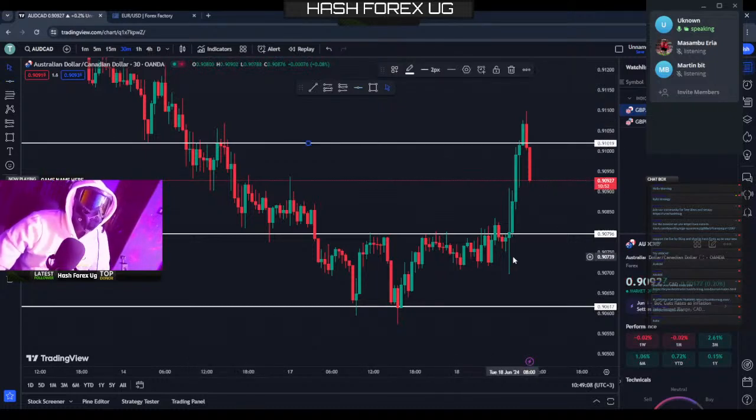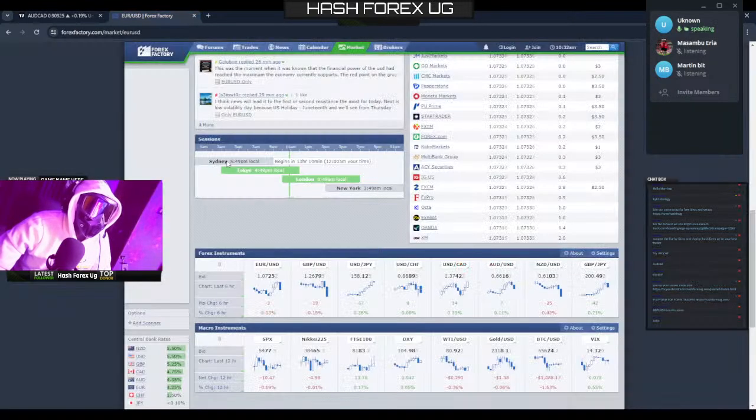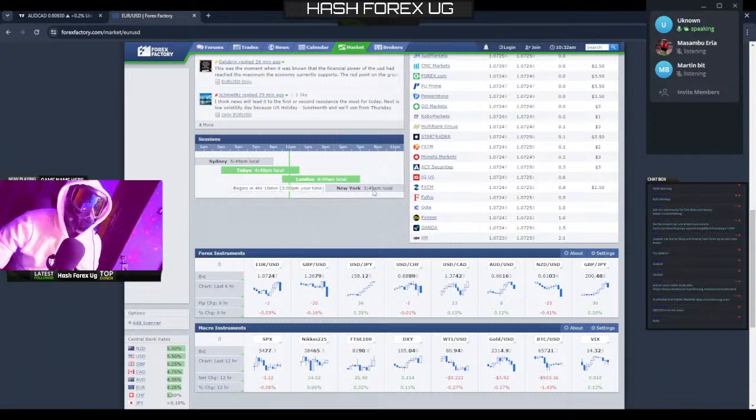So if you woke up early in the morning, you're seeing this is the session of the Australian dollar. That is the Sydney session. You have the Australian dollar and the New Zealand dollar, and then the Canadian dollar is in the New York session.